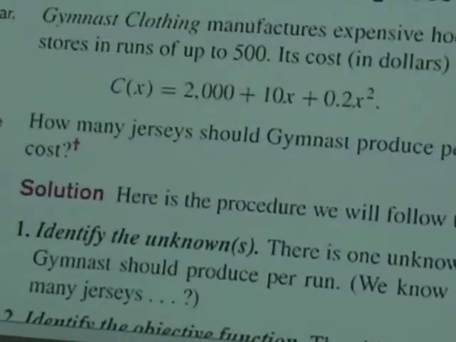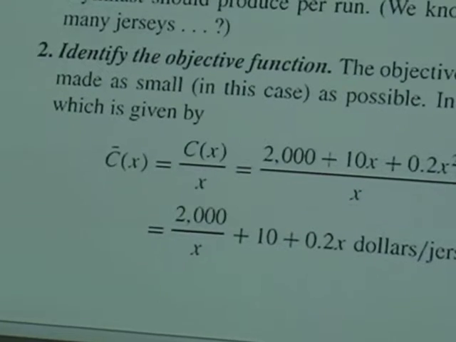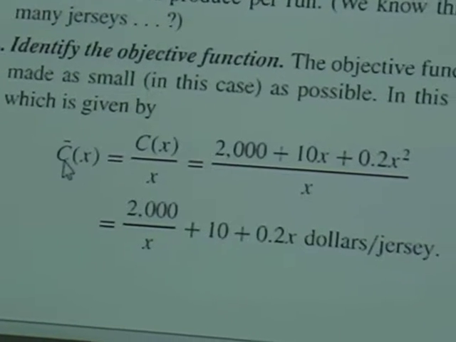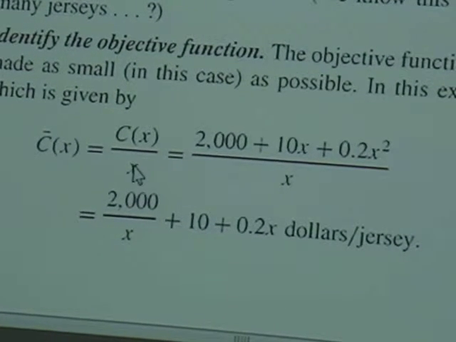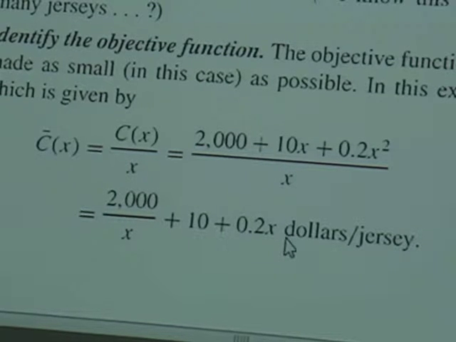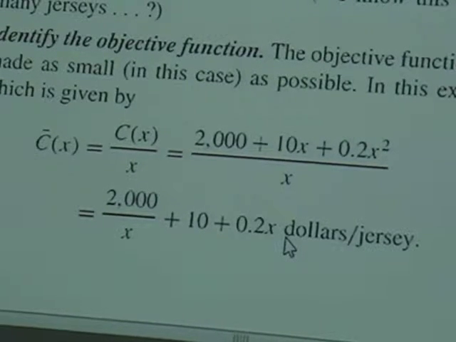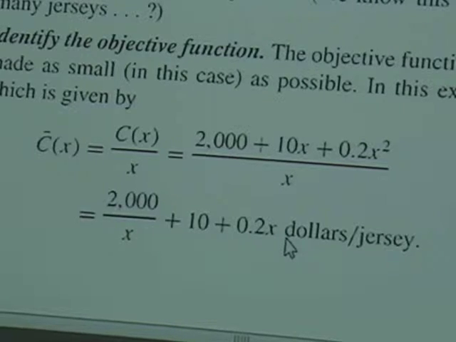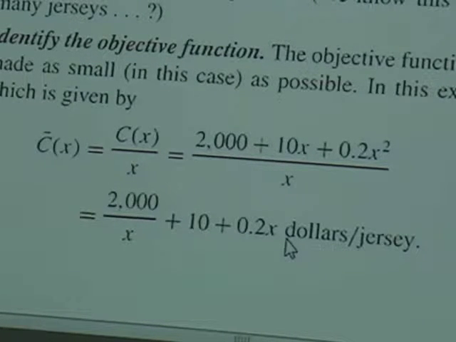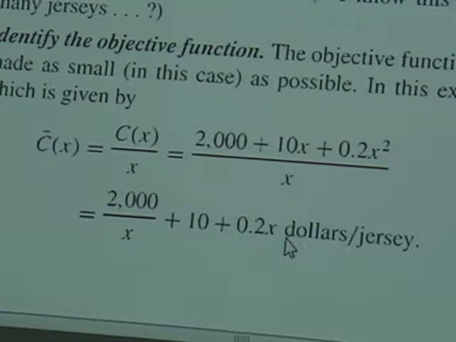So that is right here. There it is. The average cost is the cost divided by x, and it's here, and it's here. And that's dollars, because cost is in dollars, per jersey. Now this looks interesting. The average cost is still a function of x, right? The average cost depends on x according to our calculations.